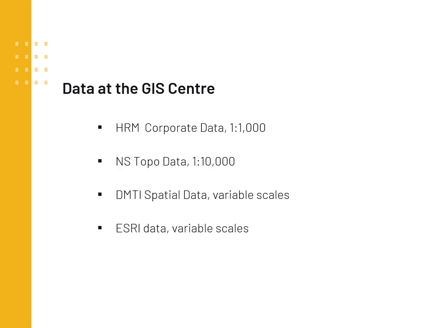Then we have data from DMTI Spatial. This comes at a number of different scales and lots of different sorts of information. Probably the most commonly used one there are postal codes. And Esri also has a number of different data sets, also available at a number of different scales, so we can help direct you towards those as well.